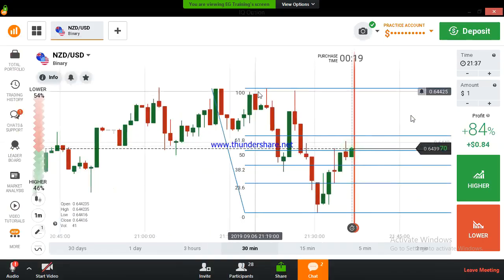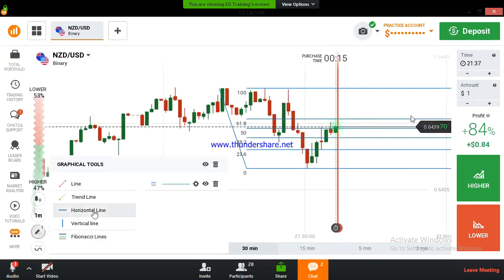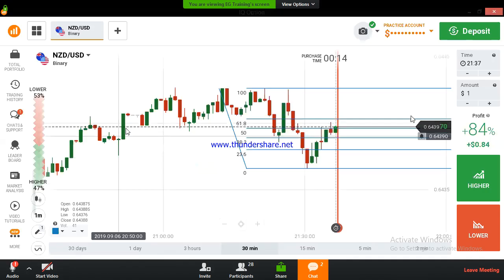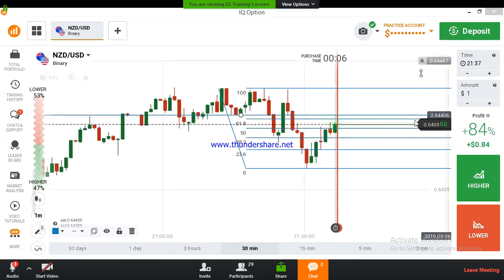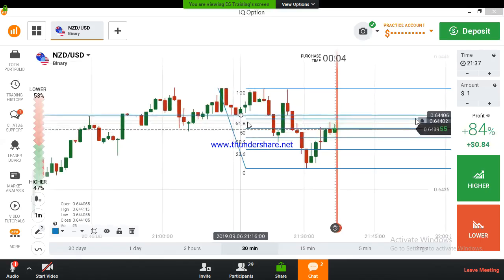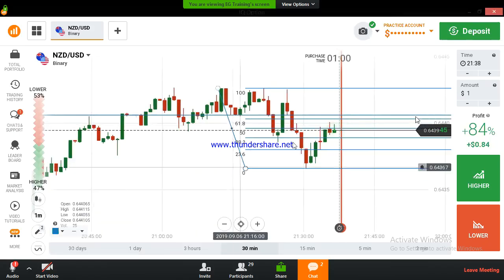In these levels, I think there is a reversal point near this 61.8 level, and another reversal point near this 50th level.